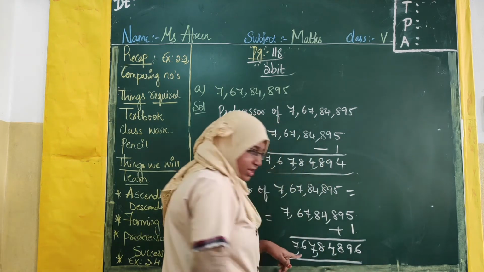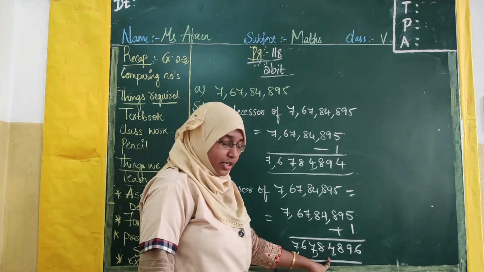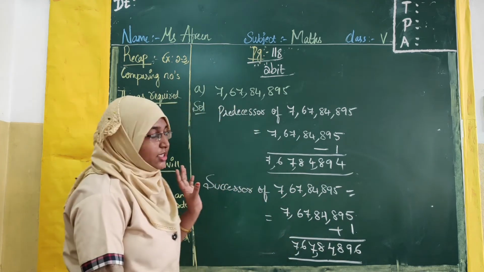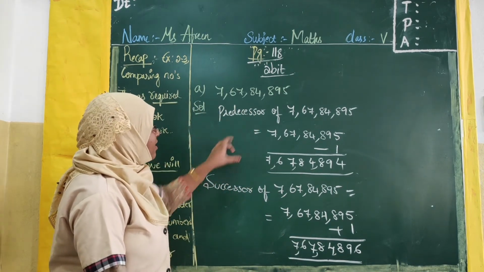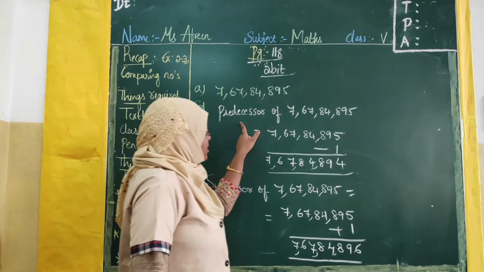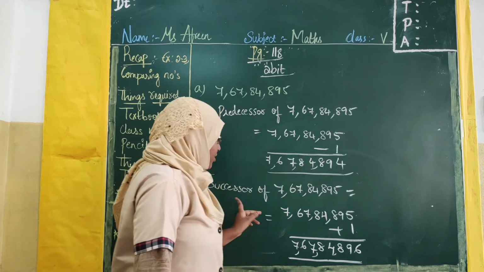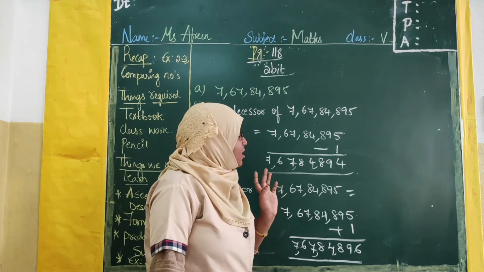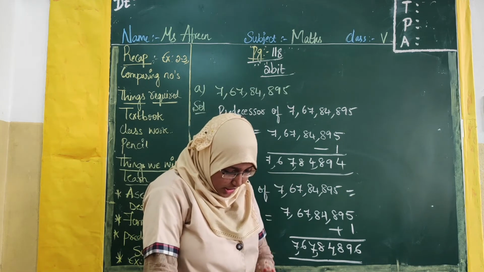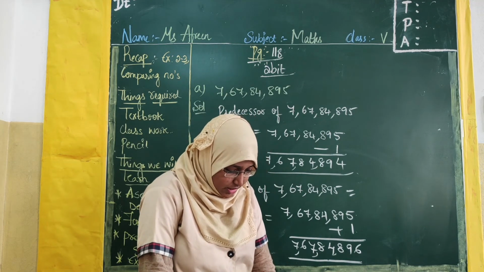So this is 7 crores, 67 lakh, 84,896. This is the successor and predecessor of the given number. Predecessor means you subtract 1. Successor means you add 1. So you can follow this method and complete B, C and D.